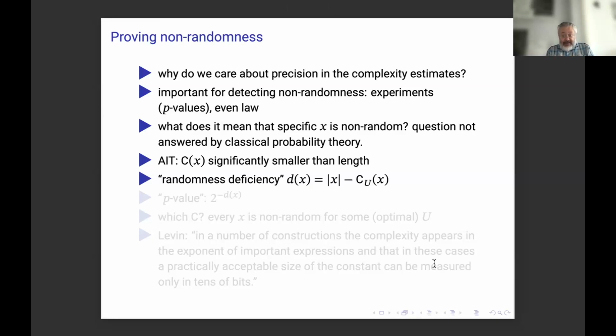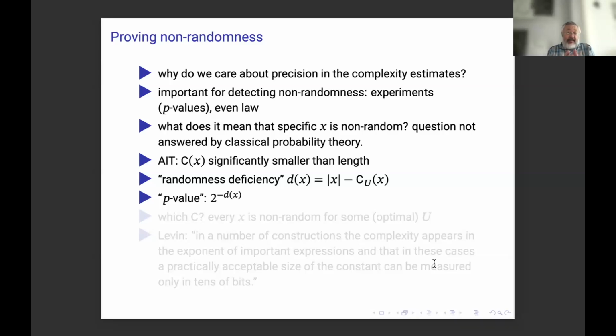If we have a string x, we compare its length, that is, how long it takes to specify the string literally, with its complexity, that is, the better way of specifying the string. What is the difference? In terms of statistics, it corresponds to a p-value which is 2 to the minus d, because the probability of this event is more or less 2 to the minus d.